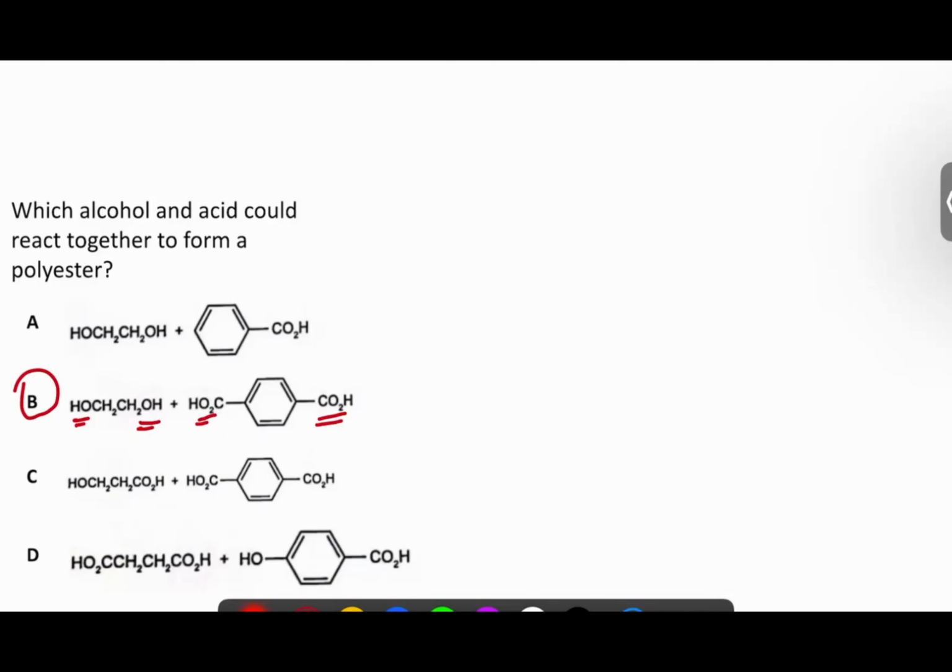With that, it is possible to form multiple ester linkages. With that, they are able to build a long chain, hence polyester.